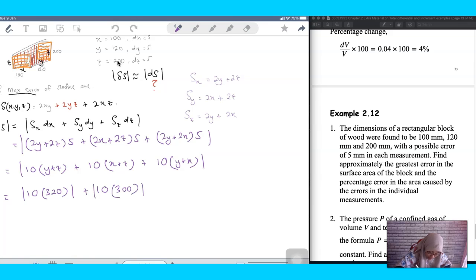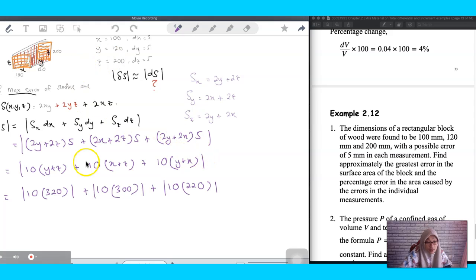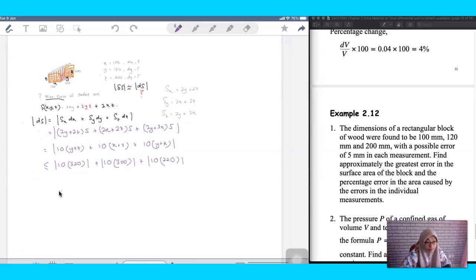That's for the second term. And then 10 times y plus x, you got 220. Also, you have to evaluate each of the terms, and you put the absolute sign for each term. So once you do that, you have to change this one to be smaller than or equal to.